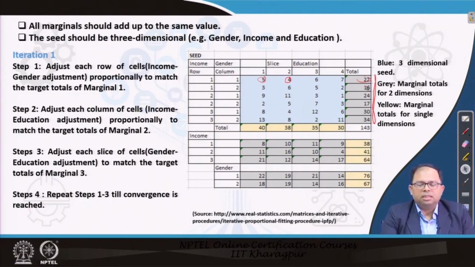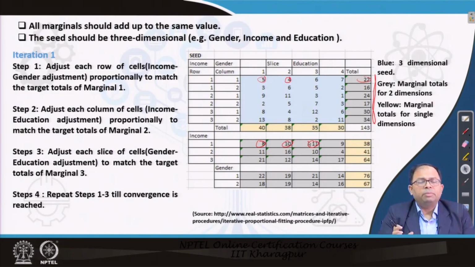These are the two-dimensional marginals for income and gender. And then over here, income and education, these gray cells are again two-dimensional marginals. That means for each income level and each education level, we have a marginal value.